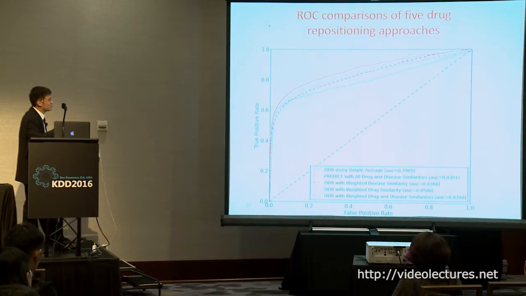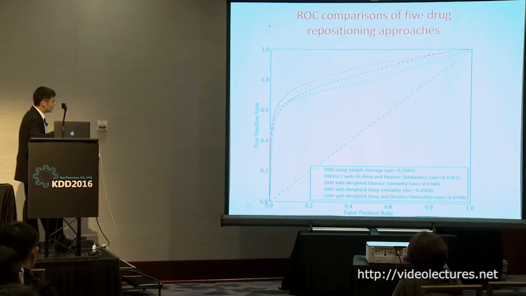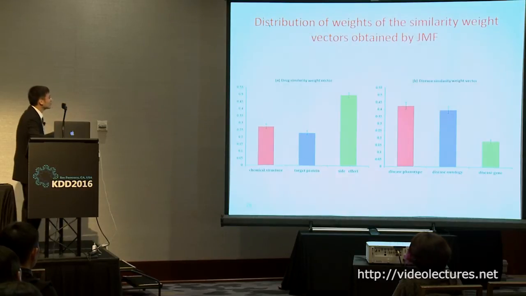And if we just use the simple average, because we have a lot of similarity networks, if we just use the average of the 3 different networks and use some state-based methodology, it's not good enough. And we also do some comparison of disease and drug, and also some logistic regression-based methodology. I think it's not logistic, it's the kernel learning methodology.